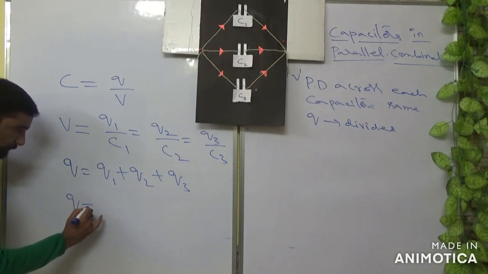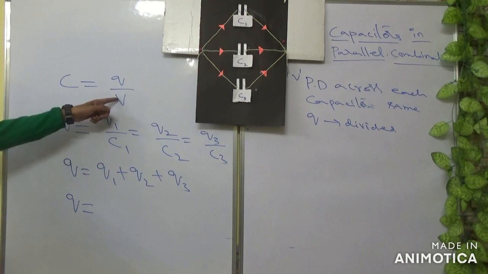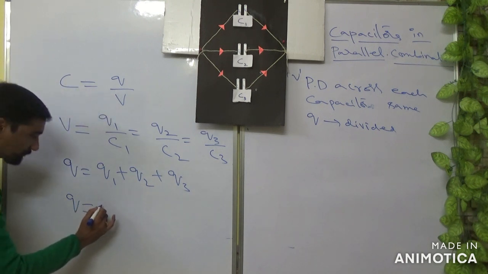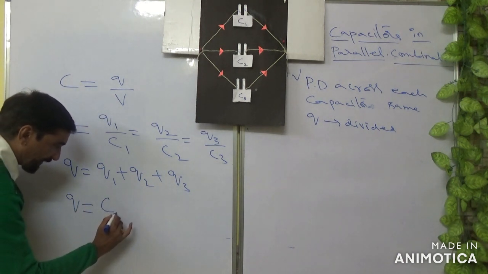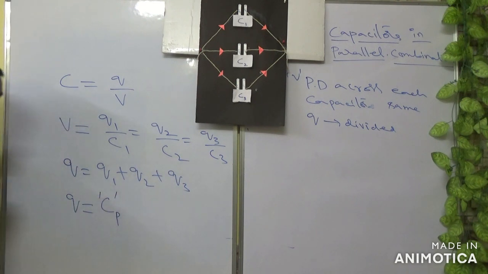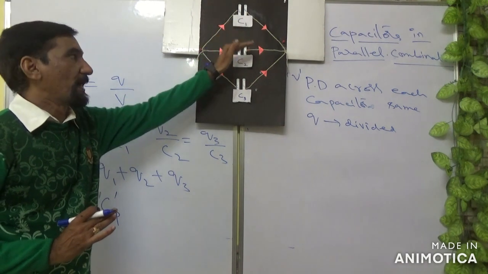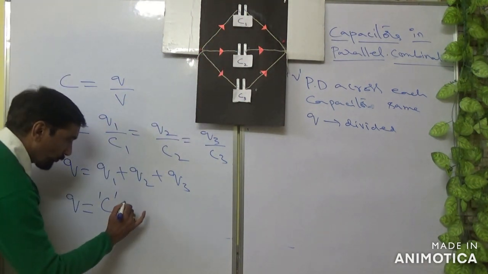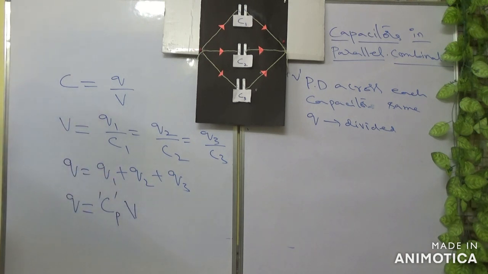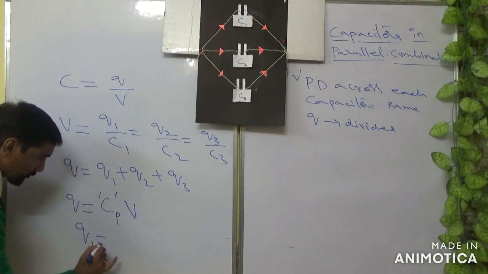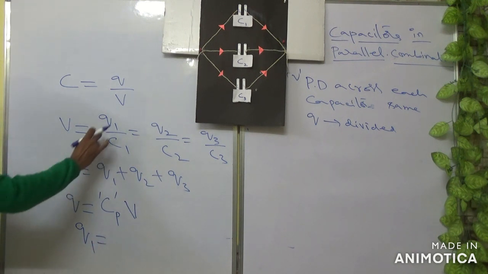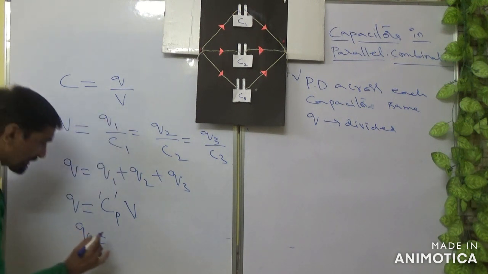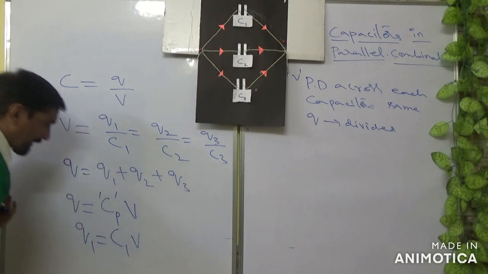Q equal to CV, no? Means C effective. For our convenience, take it as Cp. So Cp means effective capacitance of this combination into V. Okay, so Q1 means charge on first one. Okay, so charge on first one is C1V, right?